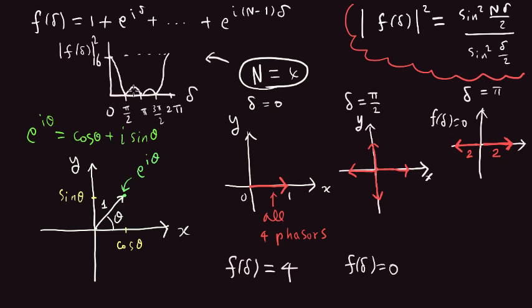Now, let's consider the maximum here, which is approximately, not exactly, in the middle between pi over 2 and pi. So the average of pi over 2 and pi is 3 pi over 4. So delta equals 3 pi over 4.